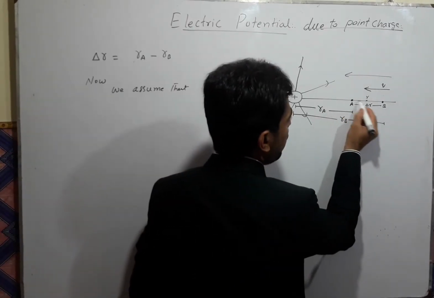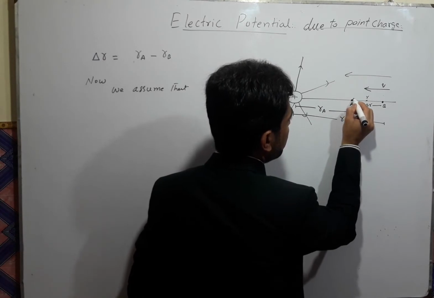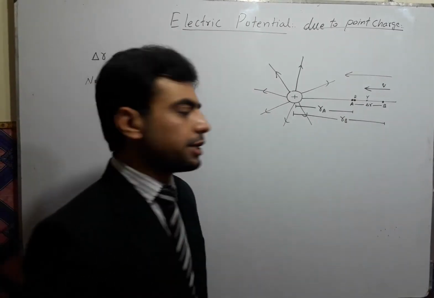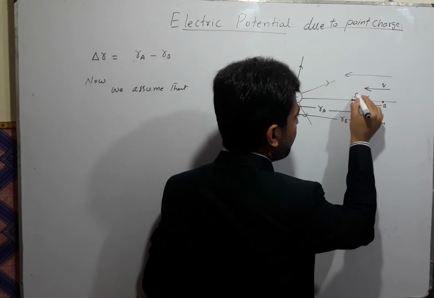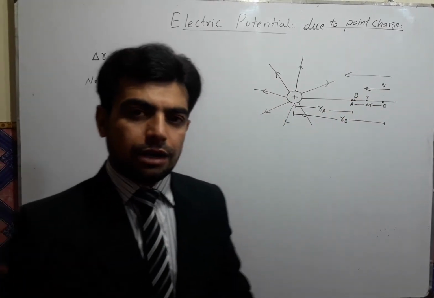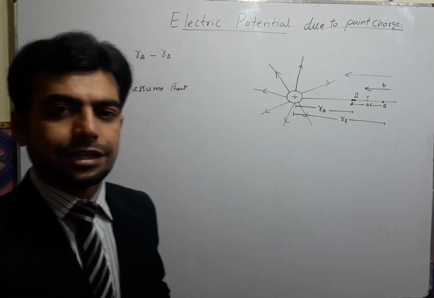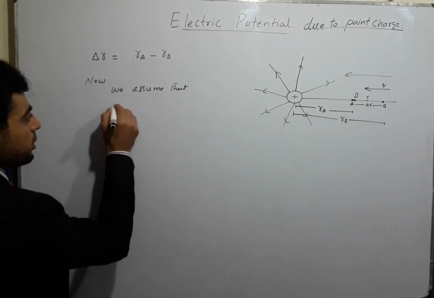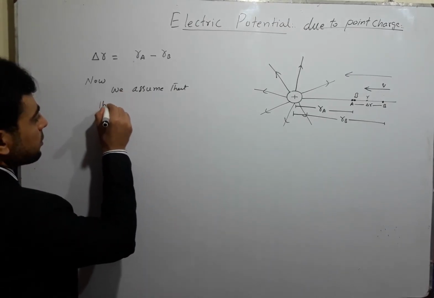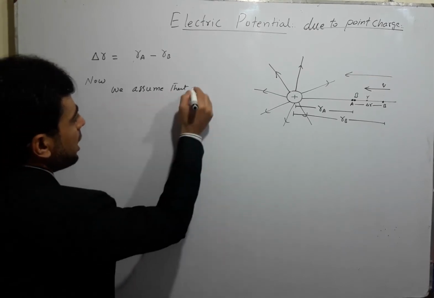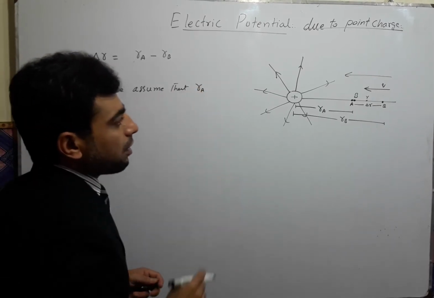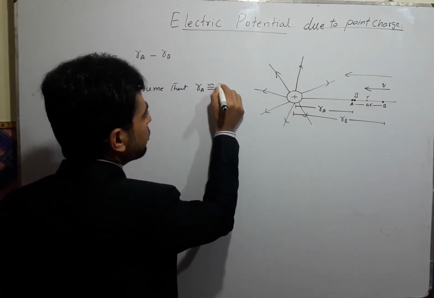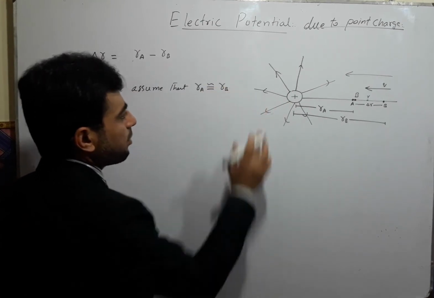Now assume that point A and point B are lying very close to each other. Then the distance between A and B is nearly equal, so we assume that RA, the distance of point A from the positive charge, is approximately equal to RB, the distance of point B from the charge.